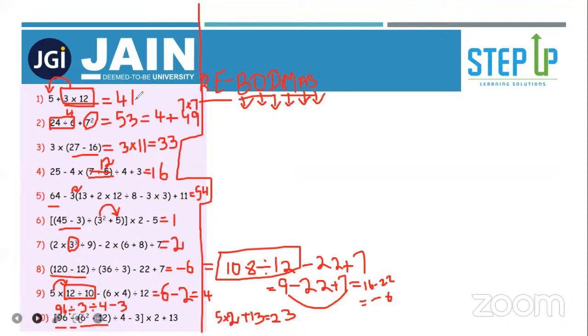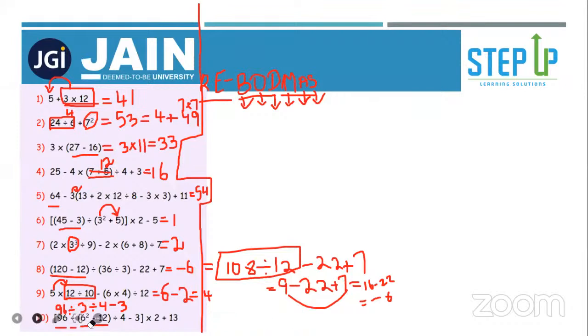Can you tell me your steps? We'll check where you went wrong. What was the first step you did? 96 divided by 24, sir. Okay, you have taken this as subtraction.